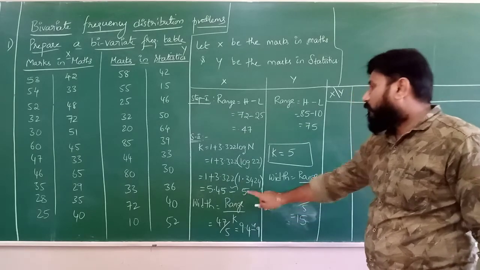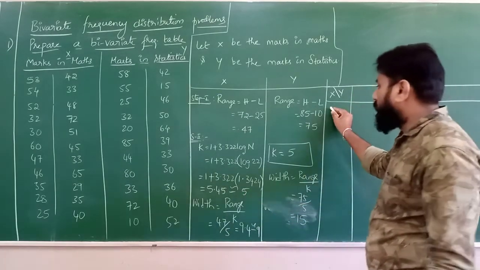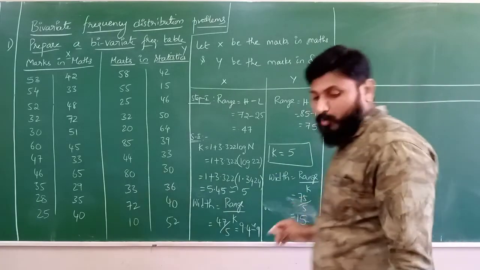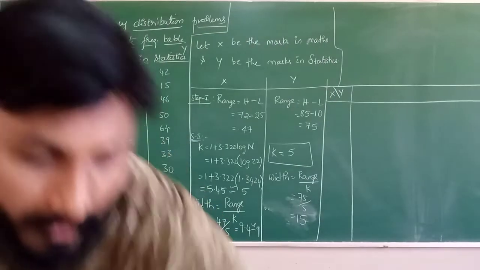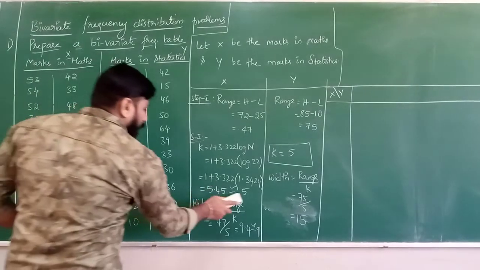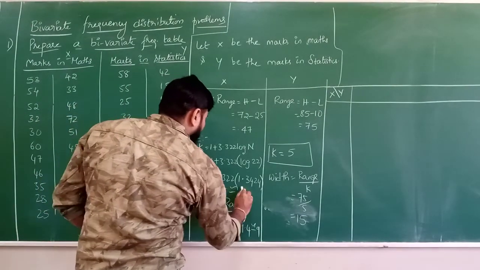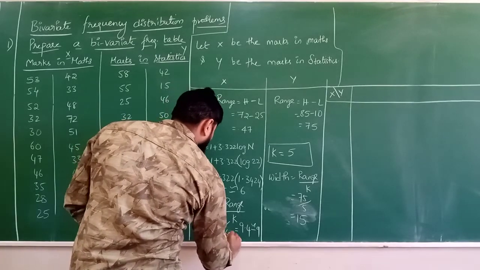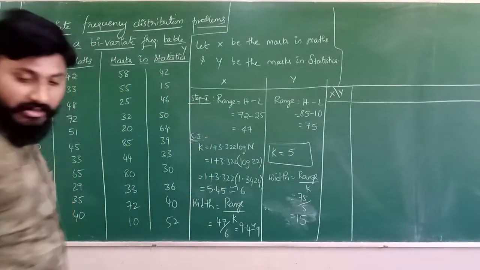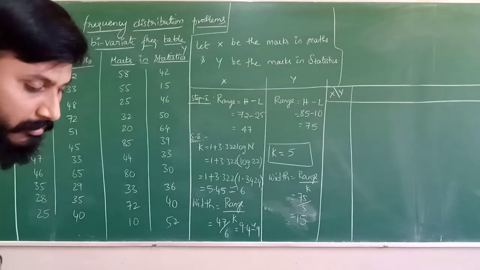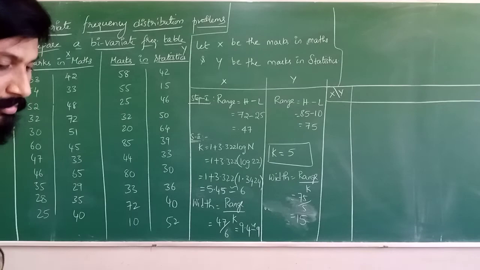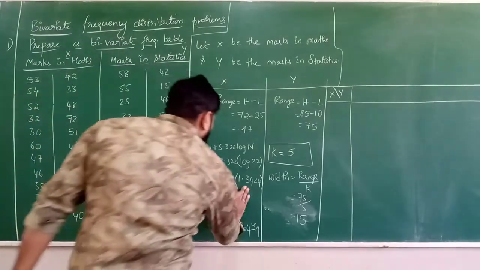Within 5 classes it has to be framed by taking the width 9. Here 47 by 9 is approximately 5.4, so let it be this one.